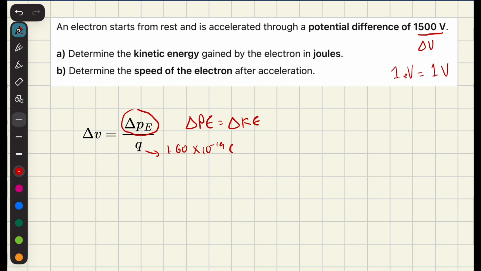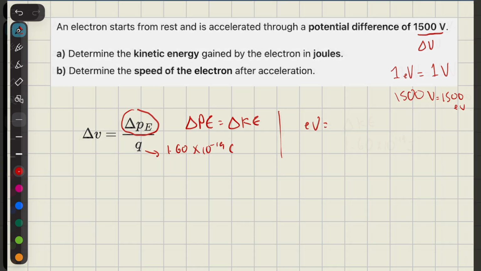So a potential difference of 1500 volts would yield 1500 electron volts. And so while I'm referring to this formula here, what I could really do is just use the electron volt formula and get the answer from here.